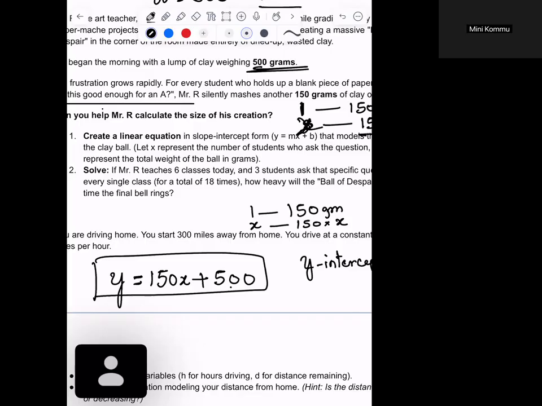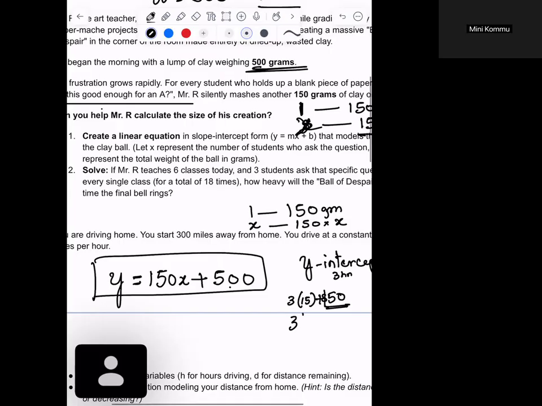You'll start with $50 if that is the initial amount, and if I exercise for 3 hours, I'll be paying 3 times, say they're charging $15 an hour, 3 times 15 plus 50. If I'm exercising for h hours, it will be 15h plus 50. So that is how you will solve these problems.